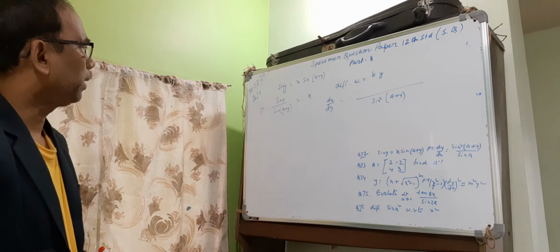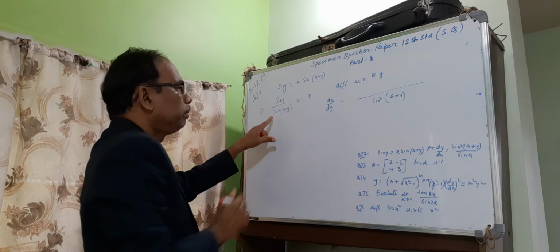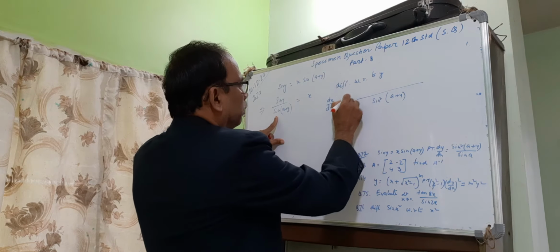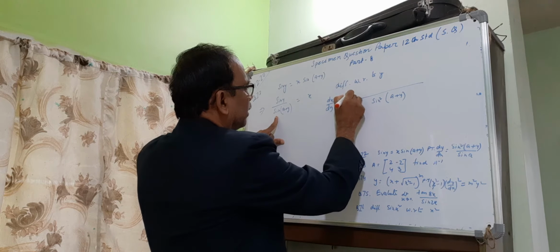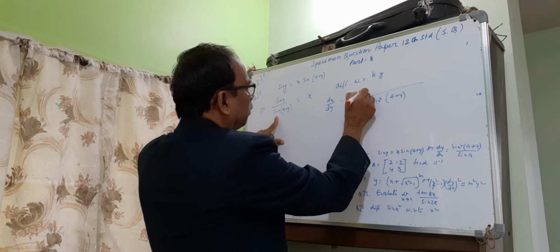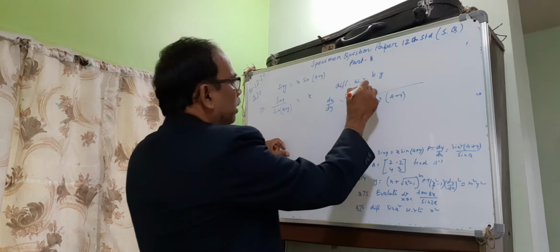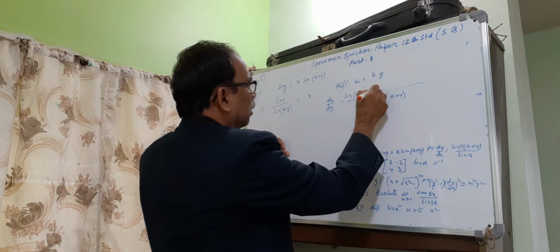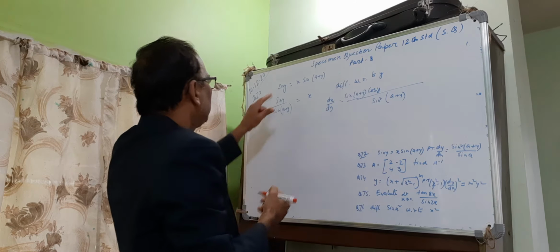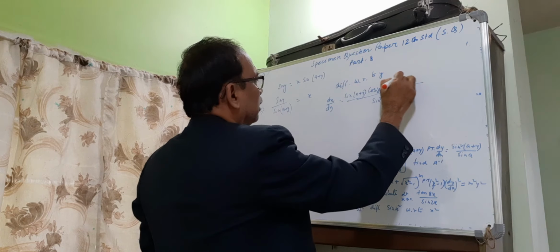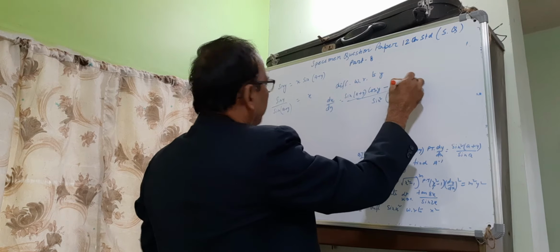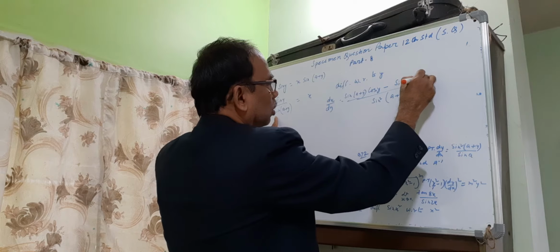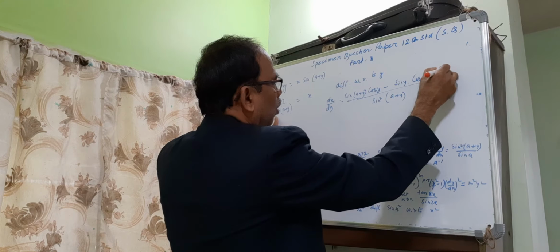The derivative of a division: numerator, denominator is constant, that is sin a plus y, sin derivative cos y with respect to y, minus sin y constant, derivative of this cos a plus y.